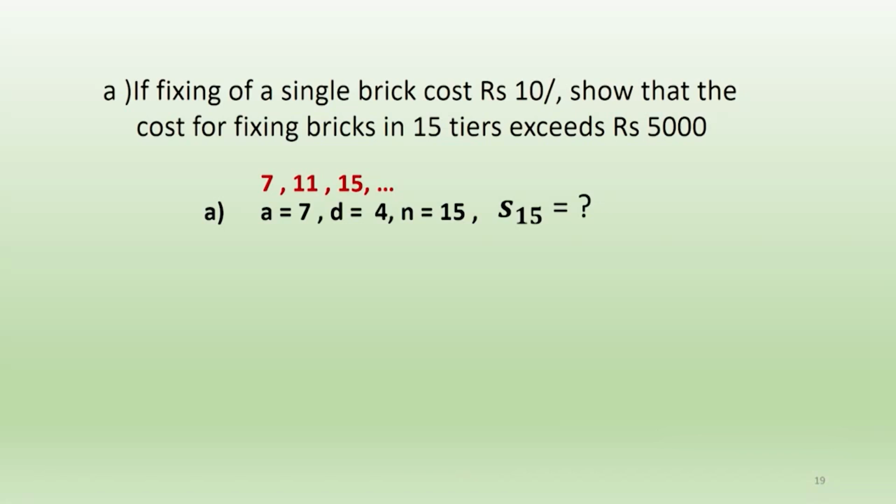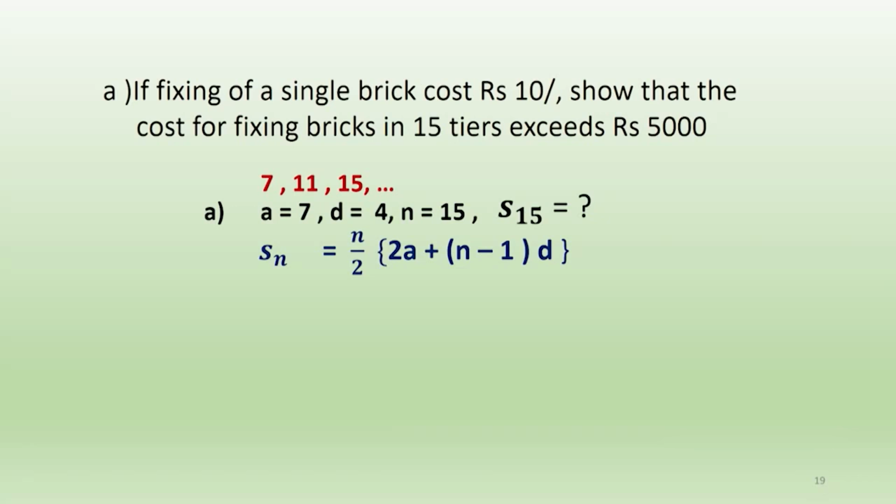Then we can find the total number of bricks up to the 15th tier by substituting the given values into the formula. We don't know the last term, so we use Sn equals n over 2 times (2a plus (n minus 1)d).